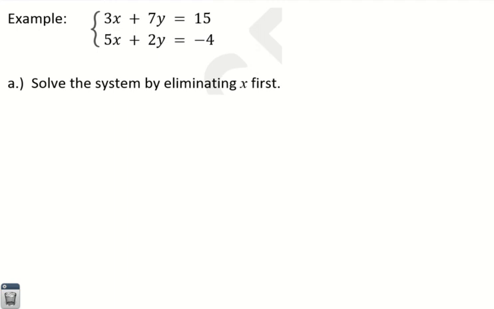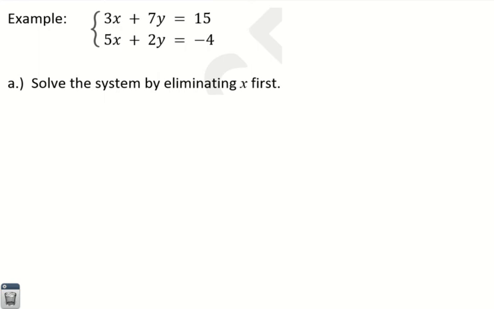So I guess we are moving on to the next level of difficulty here. Because check this out. Everything's lined up. There's not opposites. Positive 3x and positive 5y. Positive 7y and positive 2y. Not opposites. So we have to make opposites.